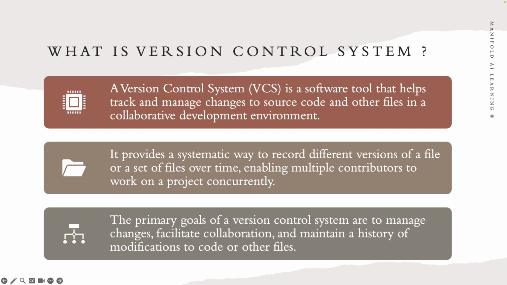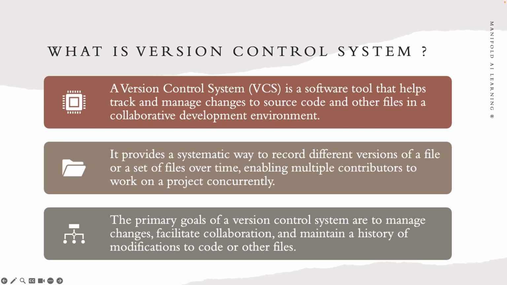So with the help of this version control system, we get to enjoy a systematic way to record the various versions of a file or set of files over a period of time. As a result, multiple people can contribute to my project in a concurrent fashion. That means multiple people can work on that project at the same time.